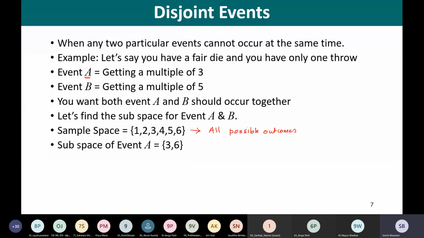Similarly, the subspace for event B is 5, because this is the only number that is a multiple of 5.